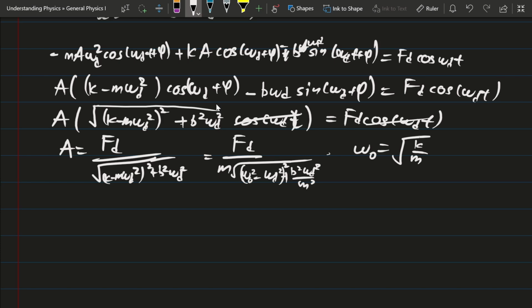So basically, you would just cancel out this component, and you would only be left with b omega_d. Sorry, it's F_d over b omega_d. And so this is the maximum point for the amplitude.